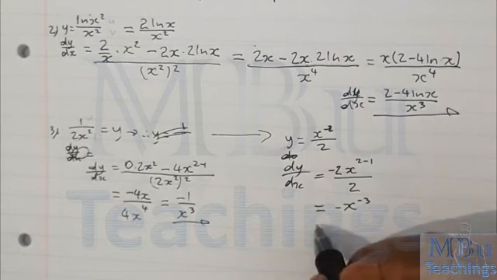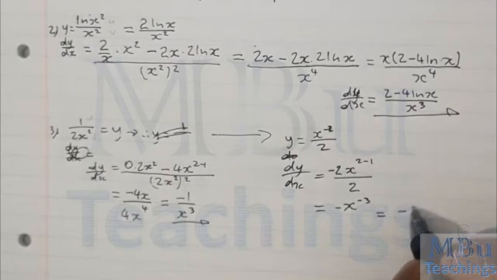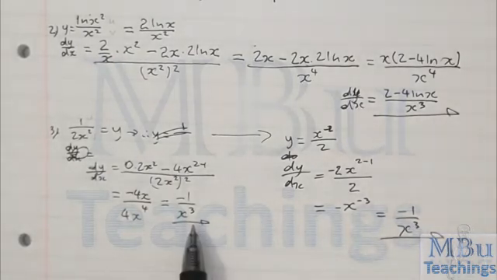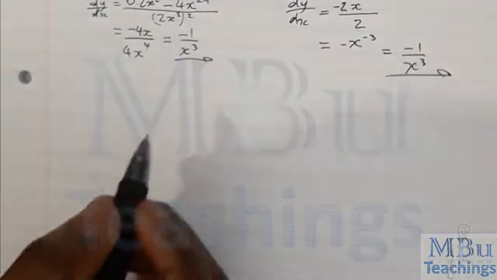That goes below the line, and I'll end up having negative 1 over x cubed. Exactly the same answer I got here. So it doesn't matter which derivation method you are using, the answer will be the same. That means you are correct. If you don't get the same answer, you did something that you were not supposed to do.